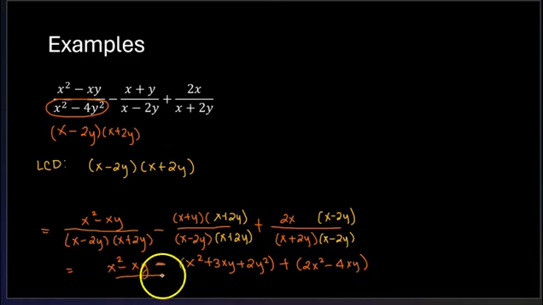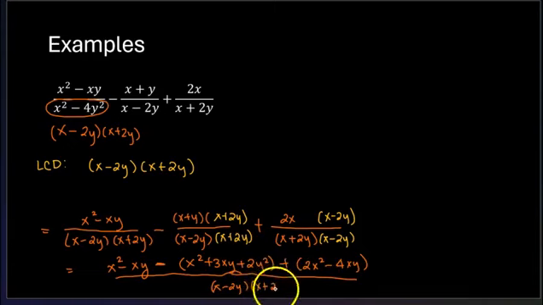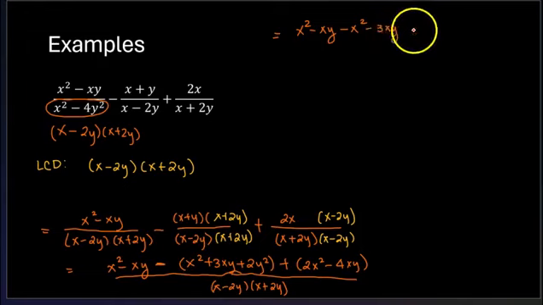Then we can write it in one fraction, so we have one denominator. Then we combine like terms. I'm going to rewrite this and take away the parenthesis. So this becomes negative x squared, negative 3xy, and then negative 2y squared. Don't forget about that.